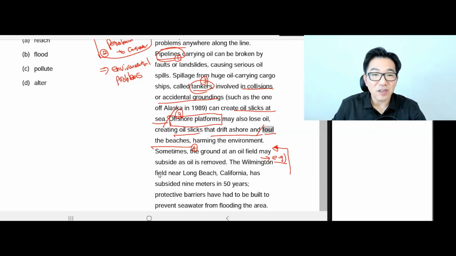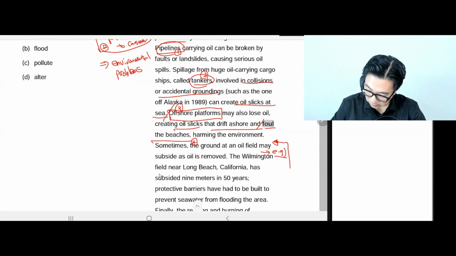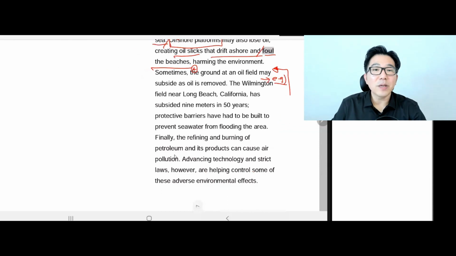This Wilmington field is probably an actual example. Let's read on. Wilmington field near Long Beach, California has subsided 9 meters in 50 years. Protective barriers have had to be built to prevent seawater from flooding the area.